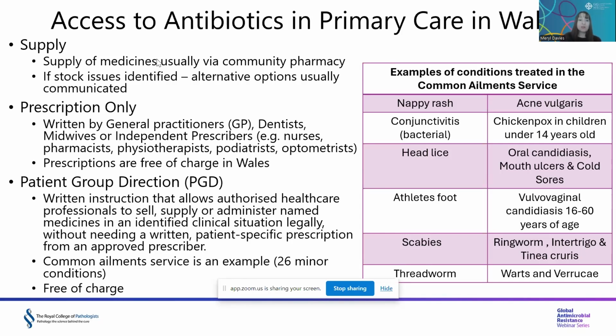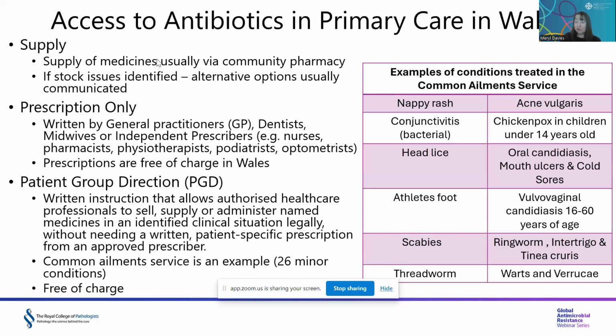An example of this is the Common Ailment Service provided via community pharmacy within Wales, which enables the management of 26 minor conditions. The table here gives examples of some of the conditions treated by the Common Ailment Service, such as oral candidiasis, athlete's foot, scabies, ringworm, and other infections. Within that service, people are able to access treatment free of charge.